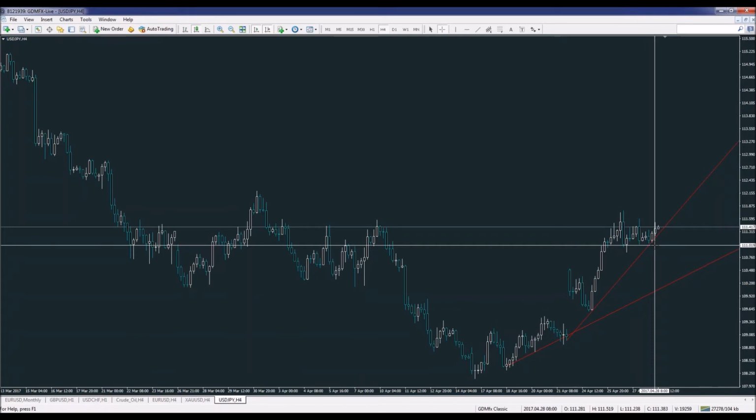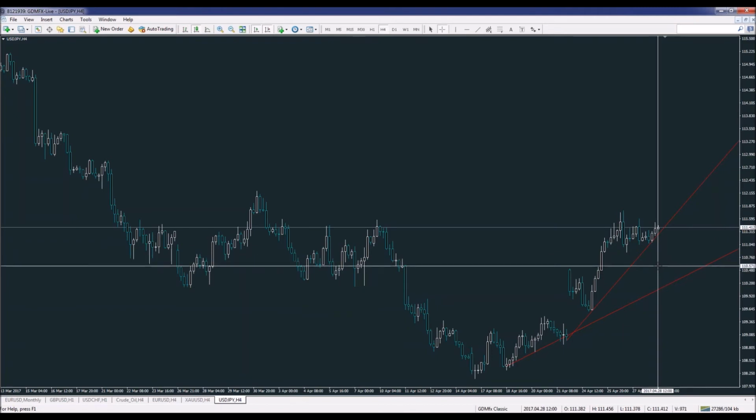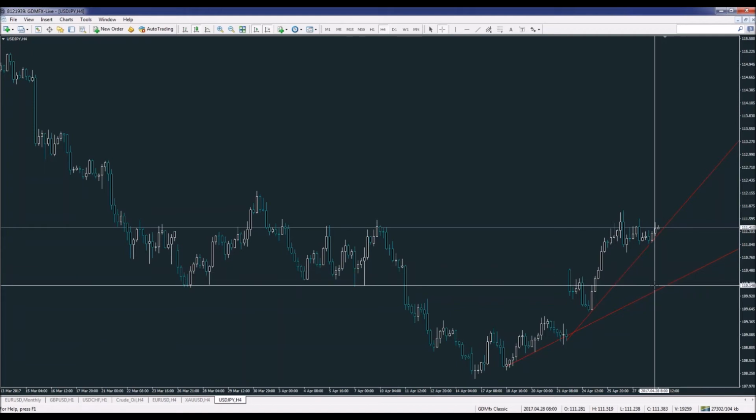Like, for example, the first one would be 111. The next one is sitting at 110.7, or I'm looking at it 110.5. This is one of the key areas from where the trend could start reversing. And the third stage is 110, and this is actually the pivot level.